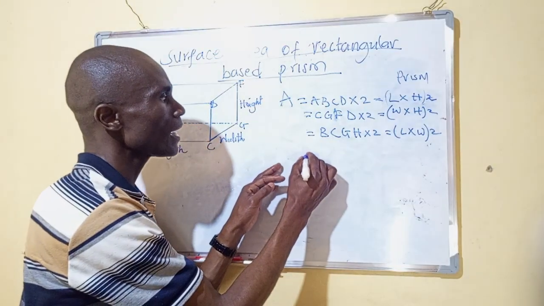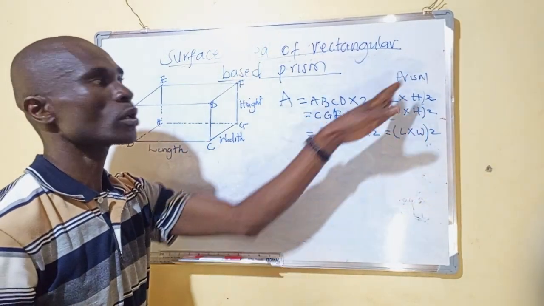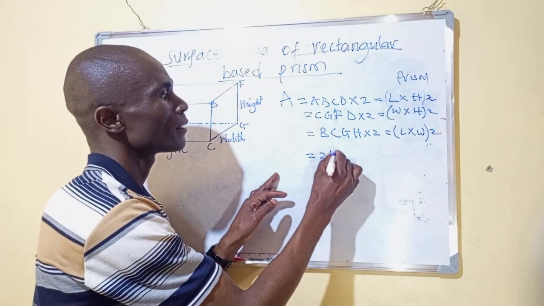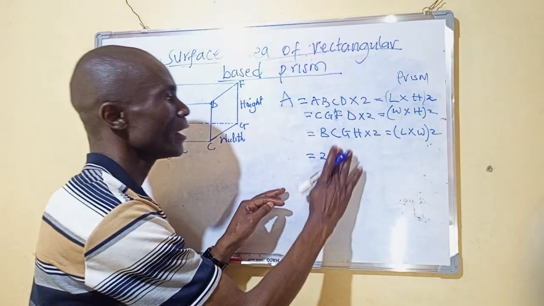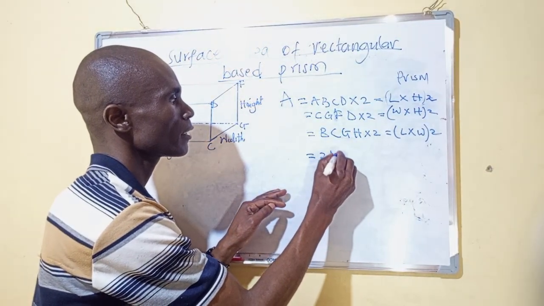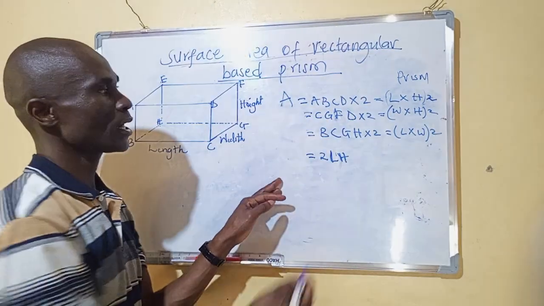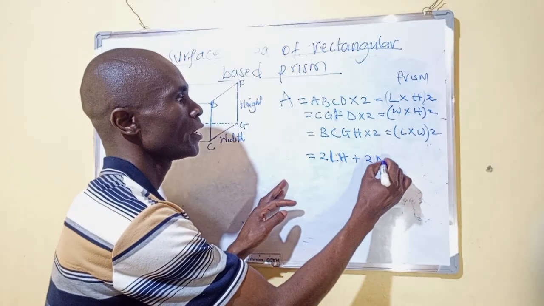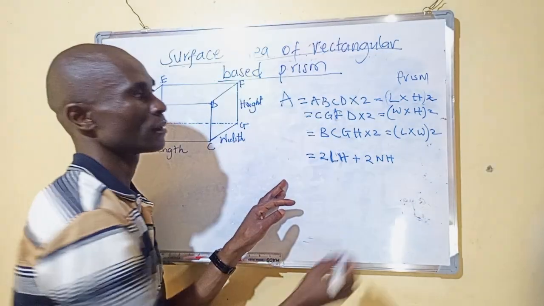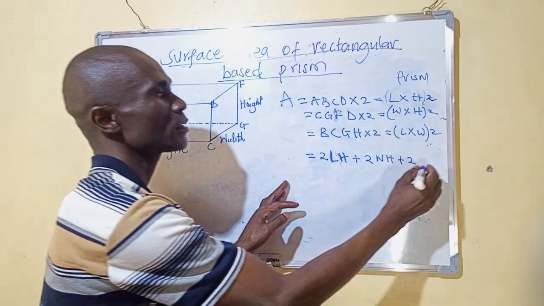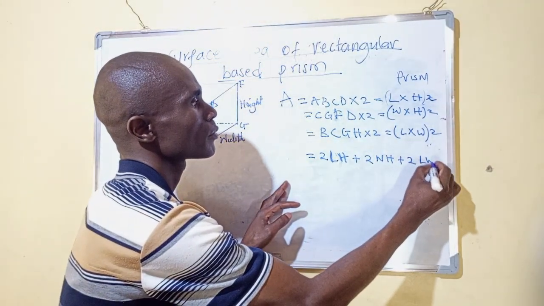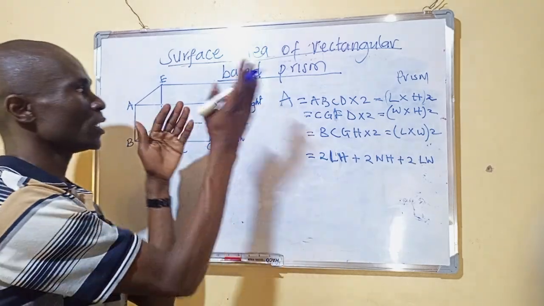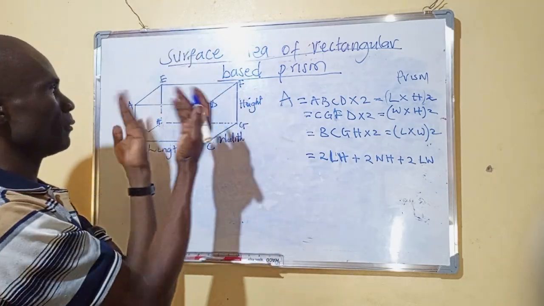So now, in a nutshell, if we put this together, the area is 2 length times height, plus 2 width times height, plus 2 times length times width, because we have doubles: this part and the other part are the same, top and bottom, front and back.